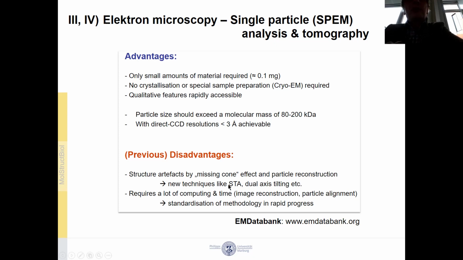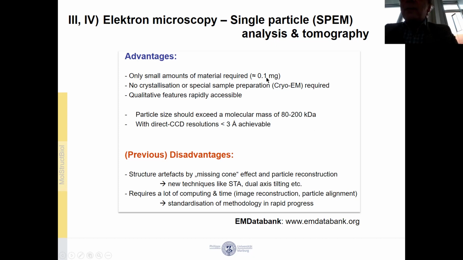And one of the disadvantages in former times was that it required much more computing time than X-ray crystallography, but this methodology is increasingly standardized, and computers are not anymore the limiting factor. So computing speed is not anymore the limiting problem that we have here with this very tremendous image reconstruction.